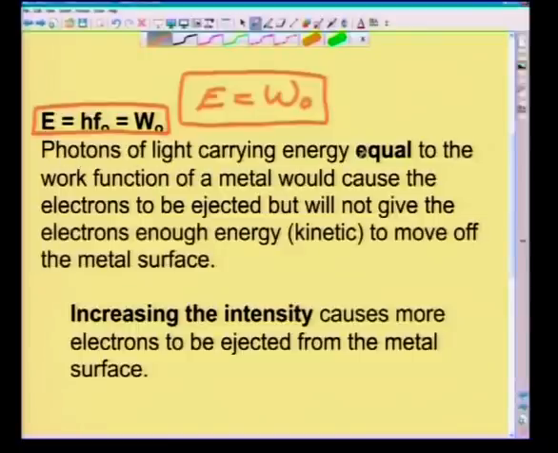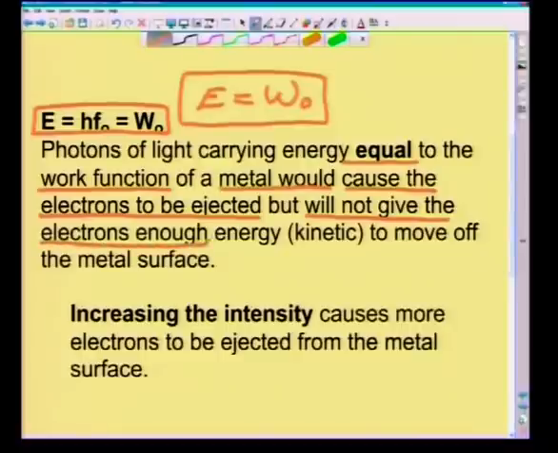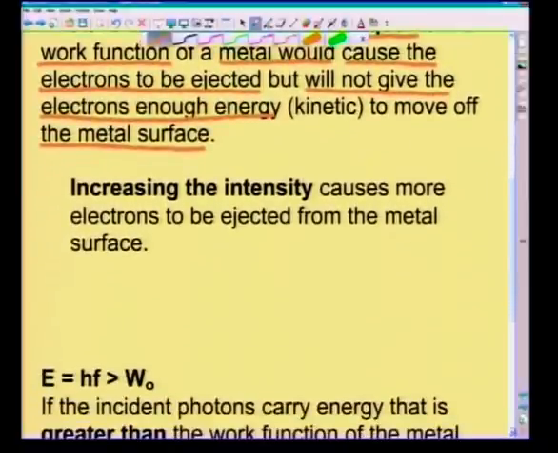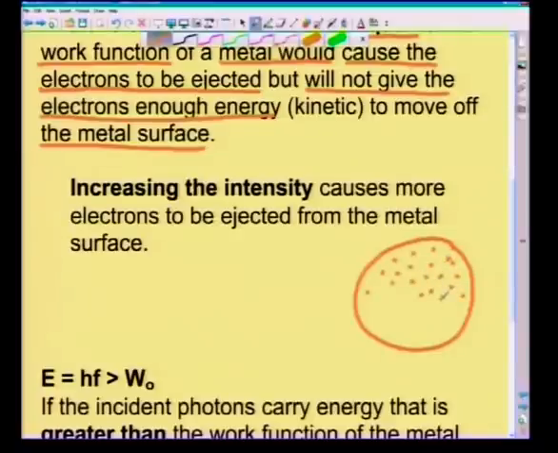Photons of light carrying energy equal to the work function of that metal will cause electrons to be ejected, but will not give them enough energy to move off the metal surface. So in this case, you would have your metal surface there, with electrons on it.